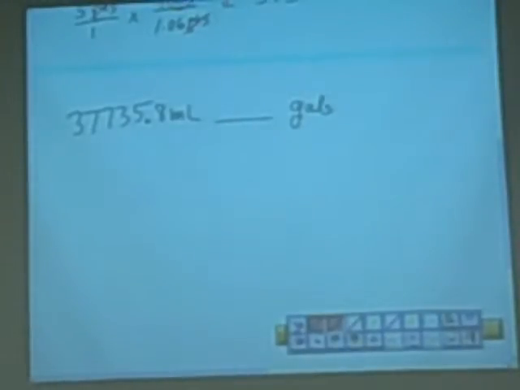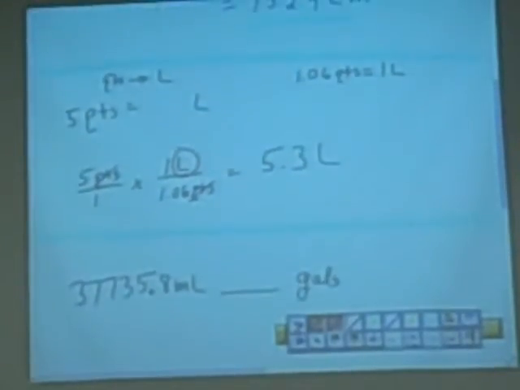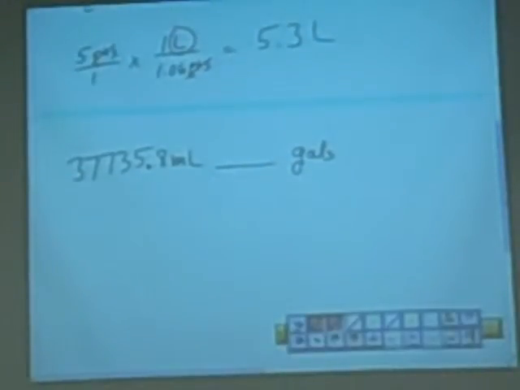So we're working with volume, right? We're going from milliliters to, and we want to end up with gallons. It helps to put down what you're going to start with and what you're going to end up with.